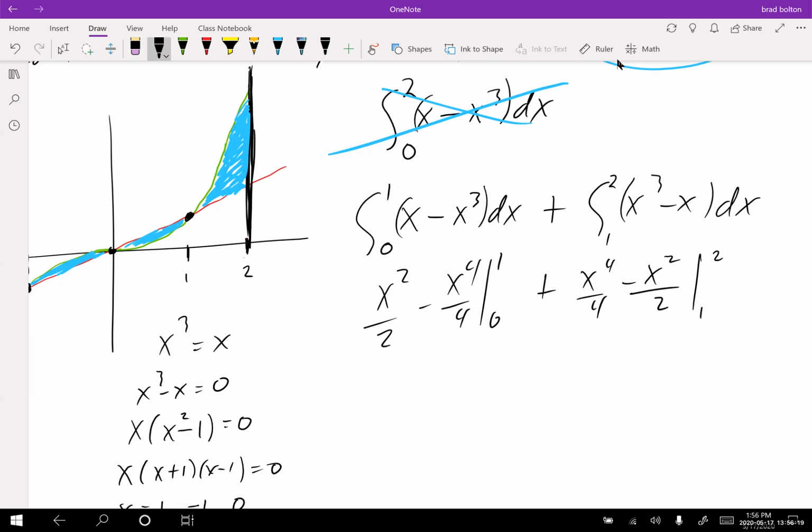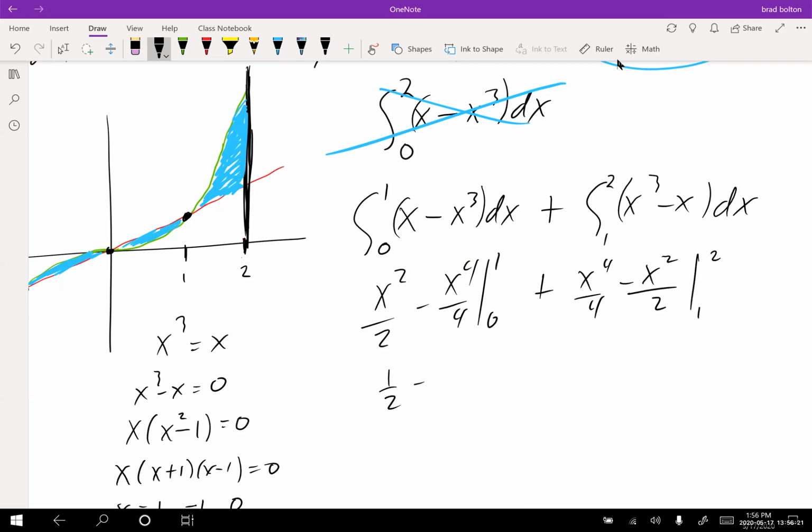Okay, so let's plug this in. We get 1/2 minus 1/4 minus 0, plus that would be what? 16 over 4 would be 4, minus 2, minus 1/4, or I'm sorry, 1/4 minus 1/2.